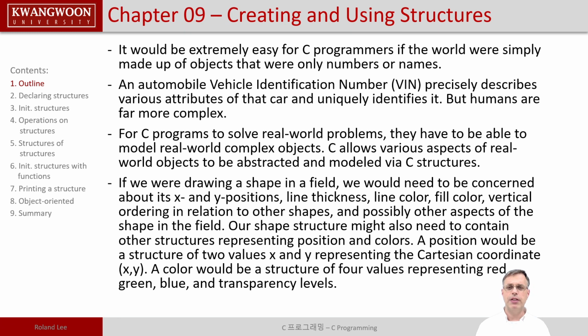On the other hand, humans are far more complex than automobiles. Perhaps the world would be a very uninteresting place if we would use these things the same way for humans. For C programs to solve real-world problems, they have to be able to model real-world complex objects. C allows various aspects of real-world objects to be abstracted and modeled via structures.